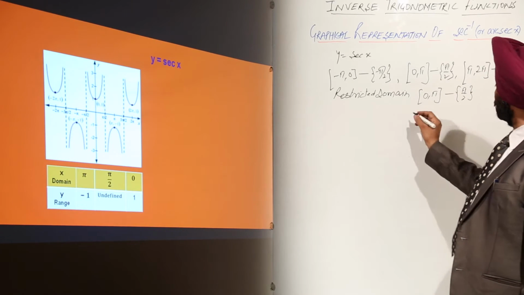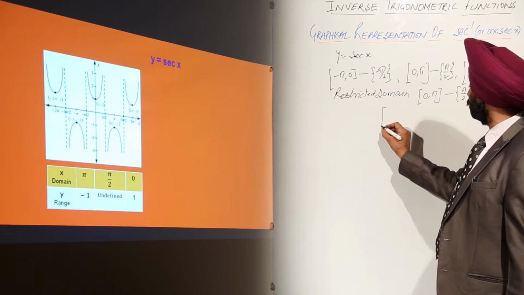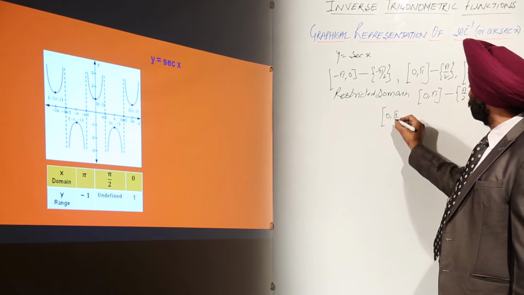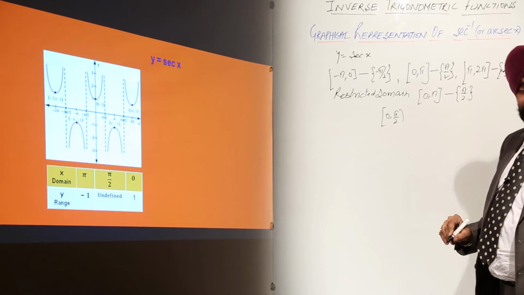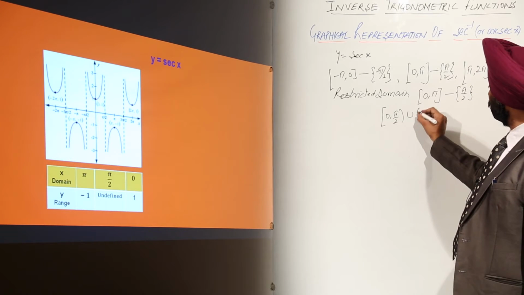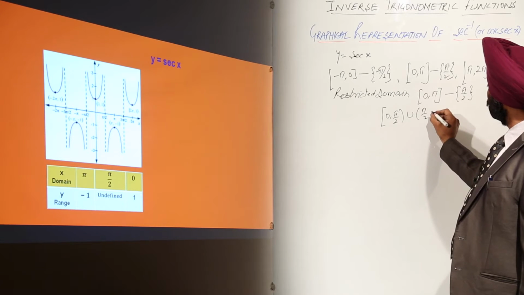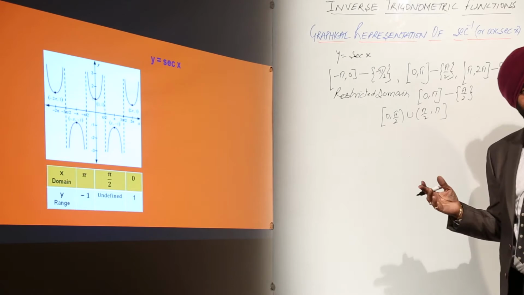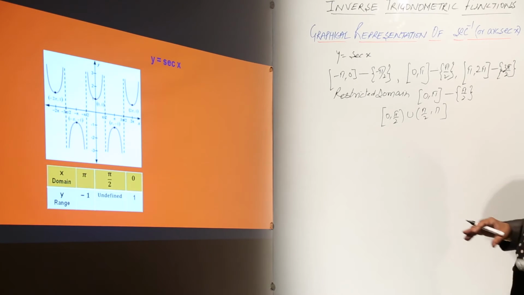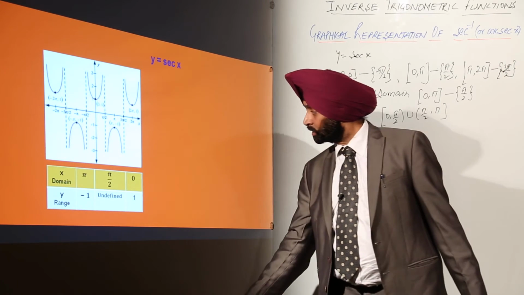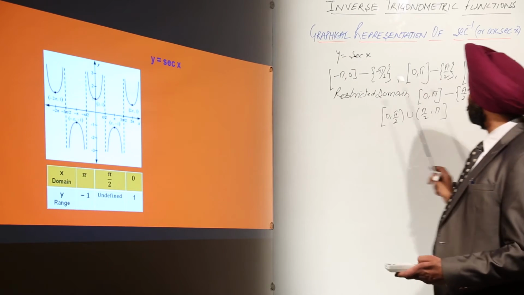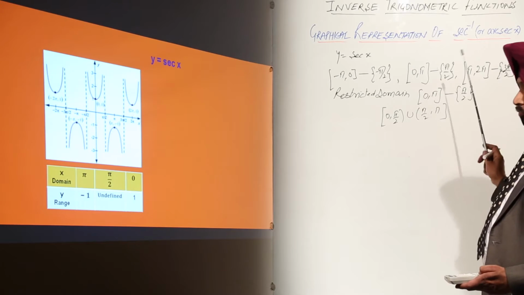Or we can write it in this form also: 0 comma pi by 2 with a round bracket and pi by 2 comma pi. We can write either this one or this one.